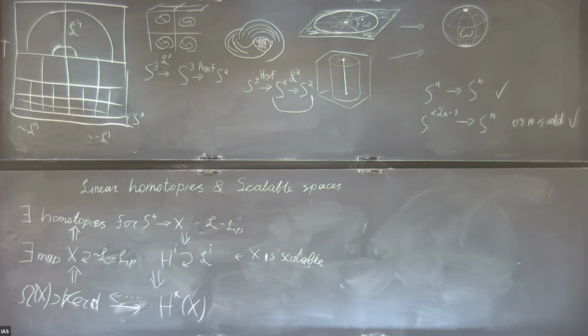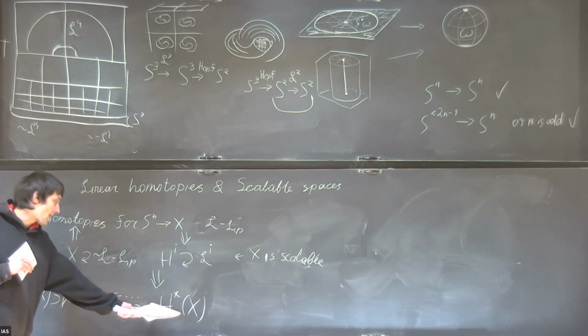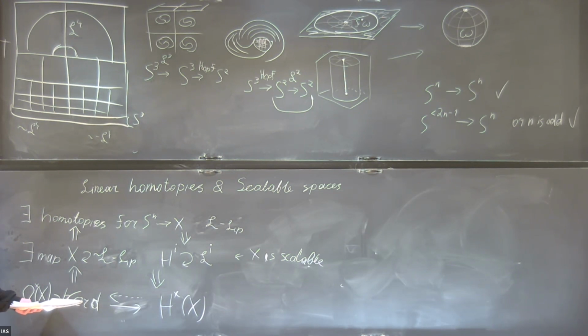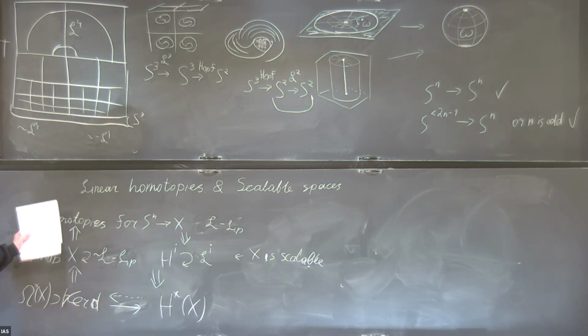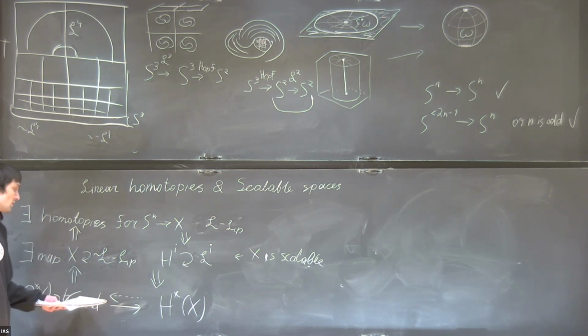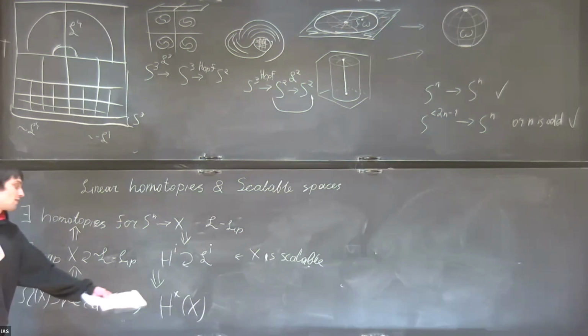So let me go out on a limb a little bit here and say that the fact that you can represent that cohomology in this situation kind of encapsulates the fact that you don't have a homotopy that is very uncontrollable.